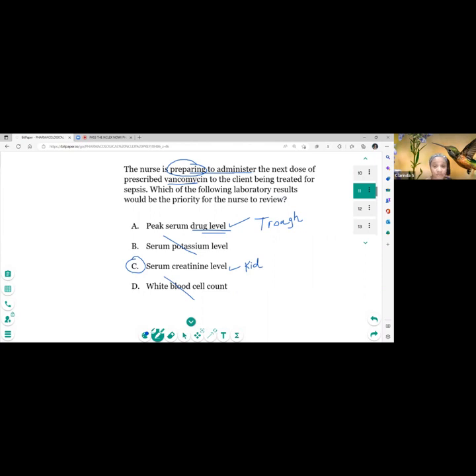If the kidneys were not able to excrete vancomycin very well, that trough level is going to be high. So I think I might have spelled it wrong. T-R-O-U-G-H. Yep, that's right. So if it's too high, then we may have to hold the medication, but many times we won't hold it.